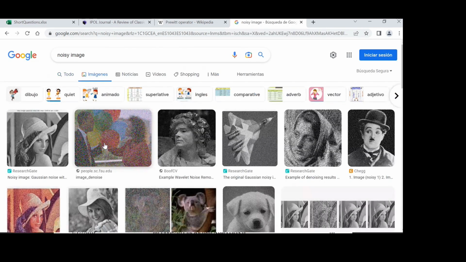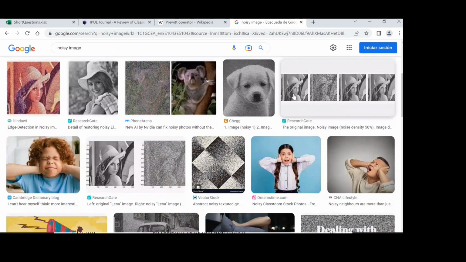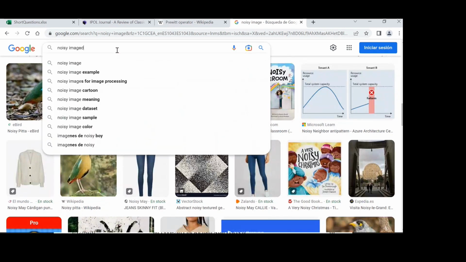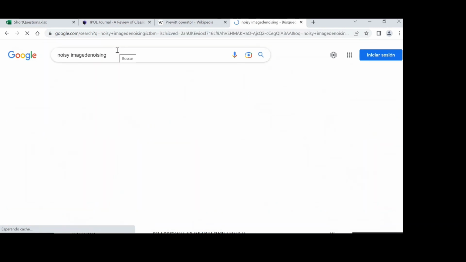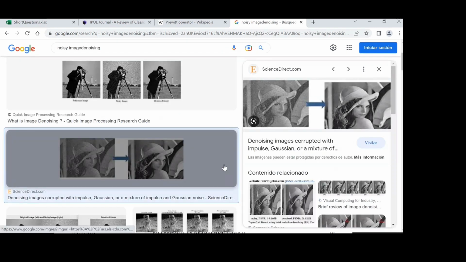Pues así. Aquí se ve muy bien, por ejemplo. Esta es la imagen sin ruido y la imagen con ruido. ¿Y eso se distingue en función de la imagen o no? Si yo emborrono, lo voy a ver mejor que esto. De hecho, por ejemplo, noisy image y denoised. Mira esta.